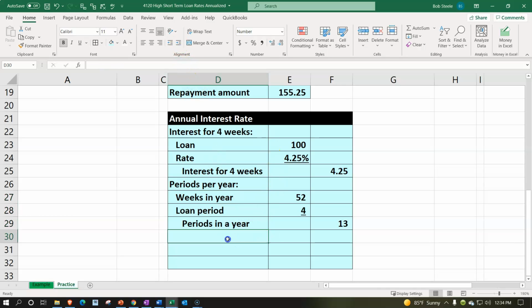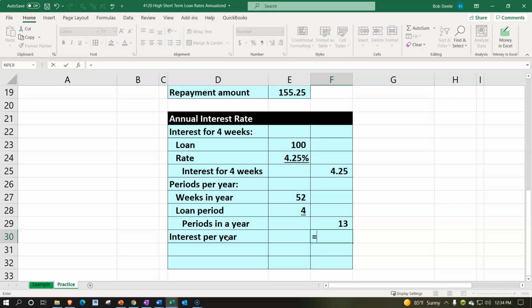And then this is going to give us the amount of the interest per year. So if we were to think about the interest per year and we were paying the 4.25 every 4 weeks for the 13, that would give us about the 55. Let's underline, Font Group, underline, add some decimals, number group, to the 55, which would give us the 55.25.